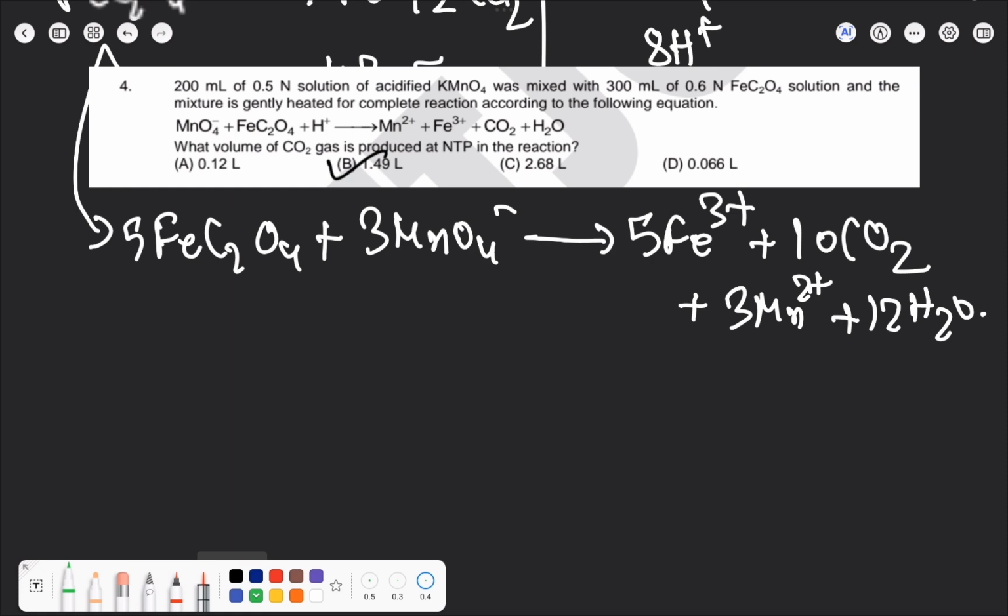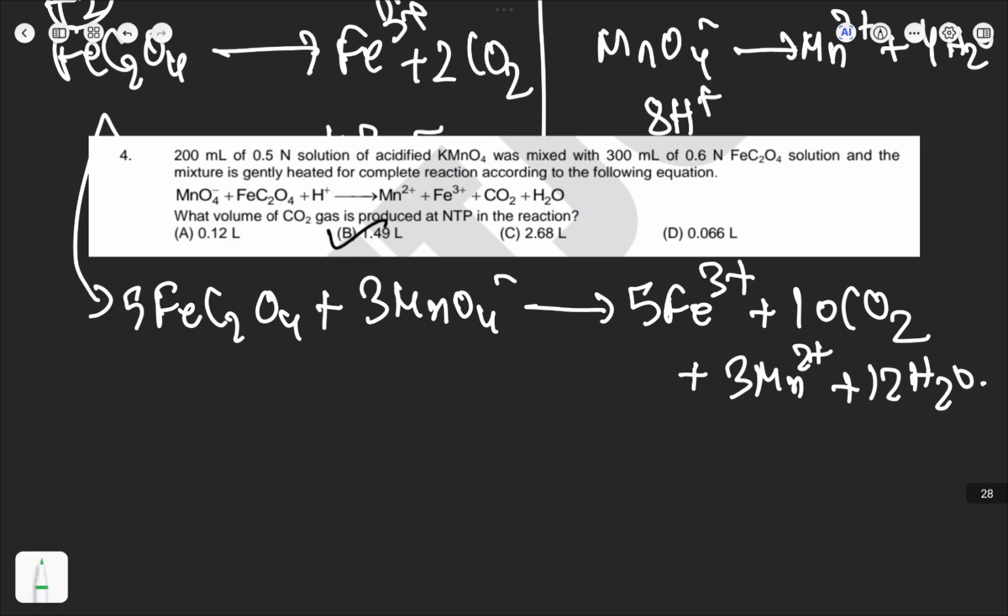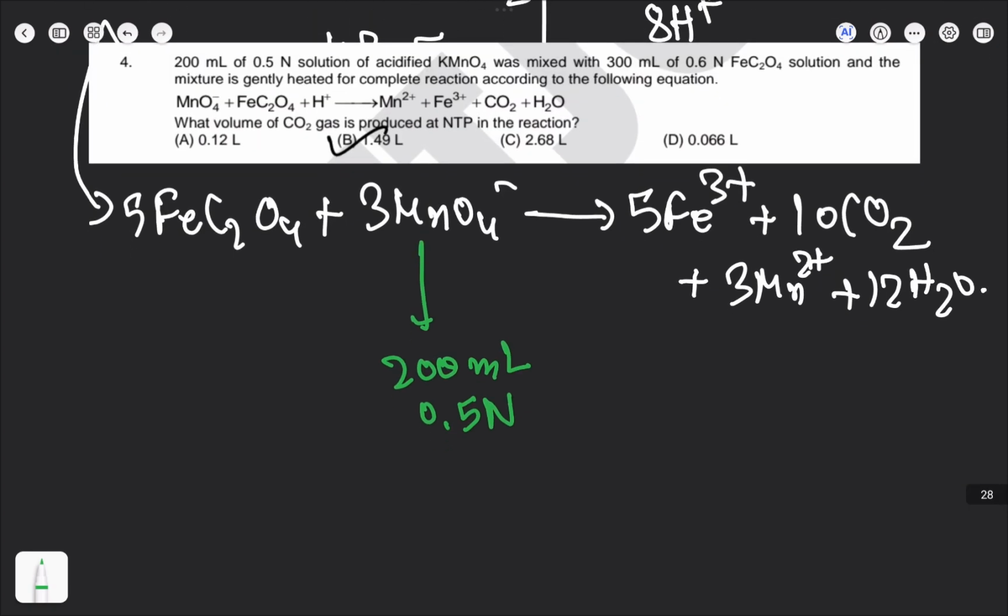This question says that I took 200 ml of 0.5 normal of this solution, and I mixed it with this 300 ml of 0.6 normal.